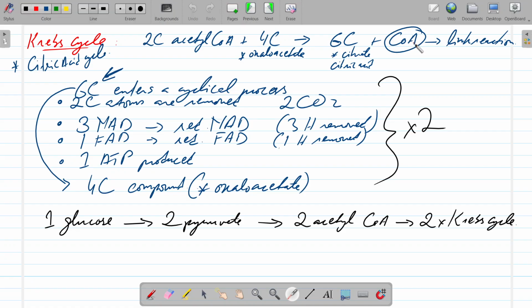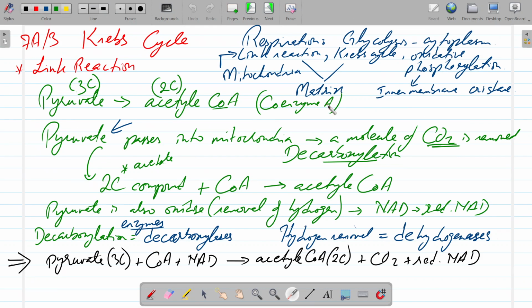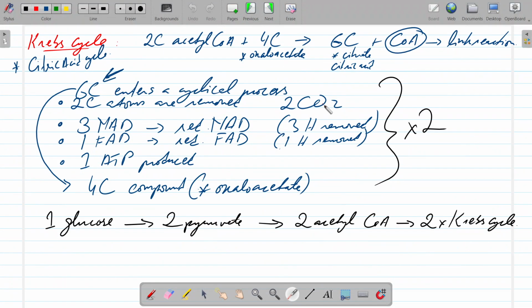The coenzyme A, which was used in the link reaction, is regenerated, and that goes back to take part in the link reaction further.